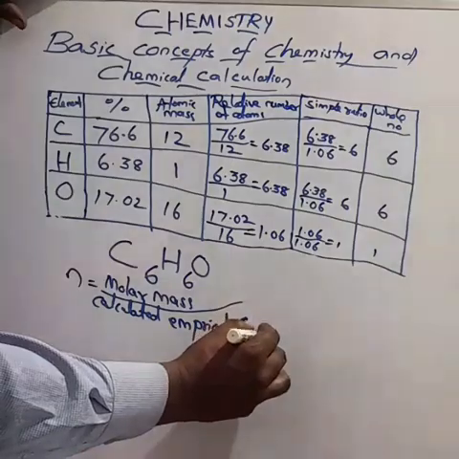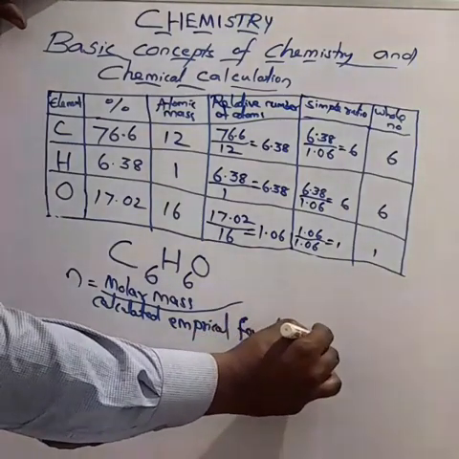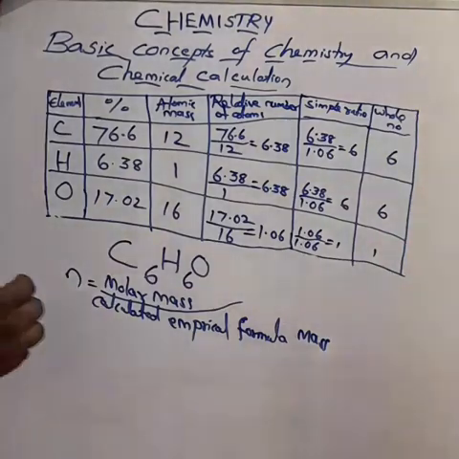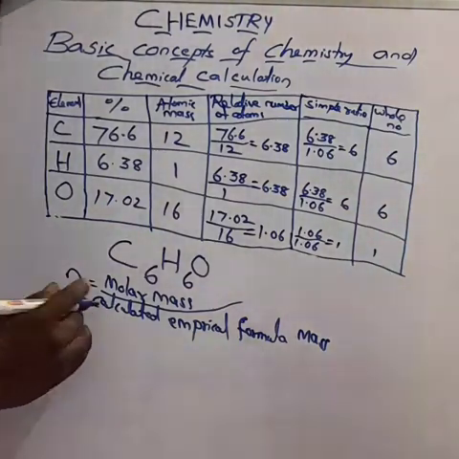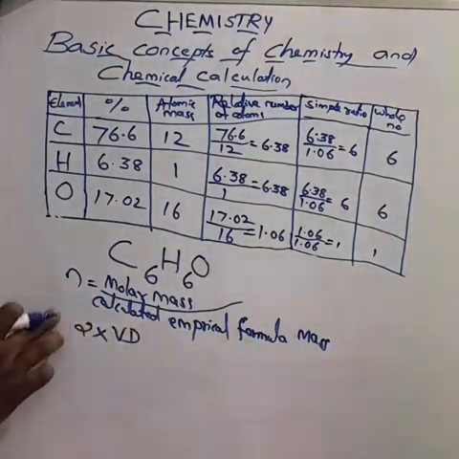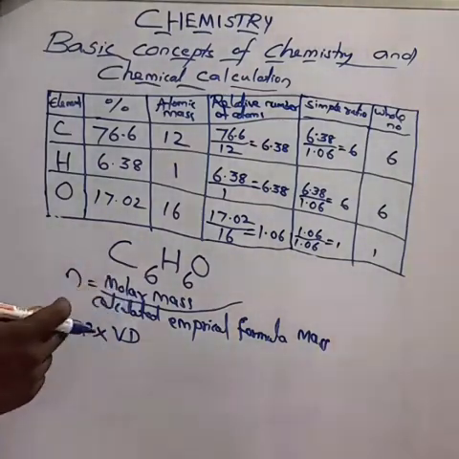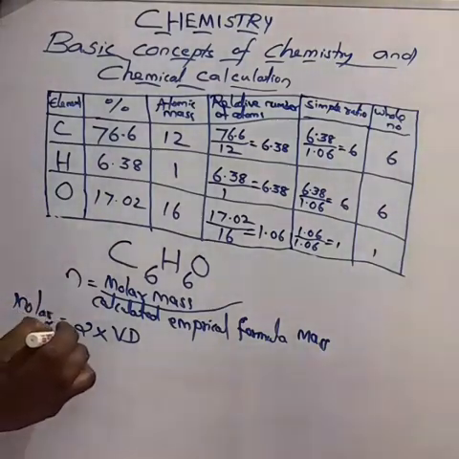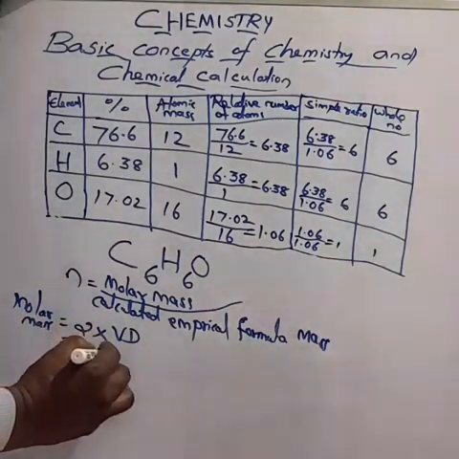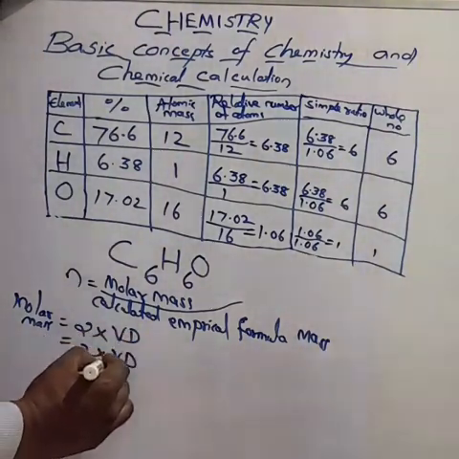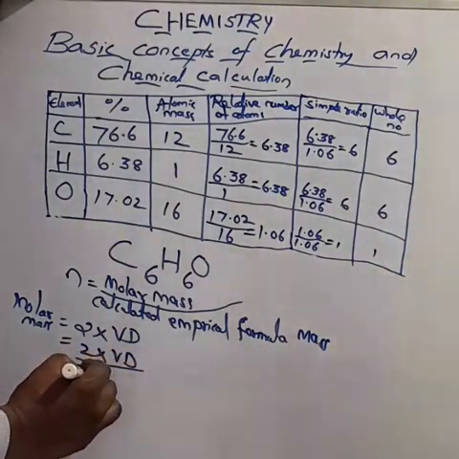Here we know the molar mass is equal to 2 into vapor density. What is the molar mass formula? Molar mass is equal to 2 into vapor density, divided by the calculated empirical formula mass.